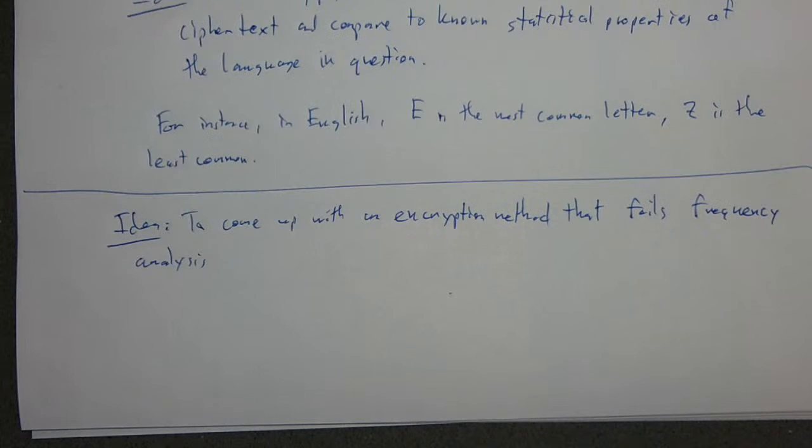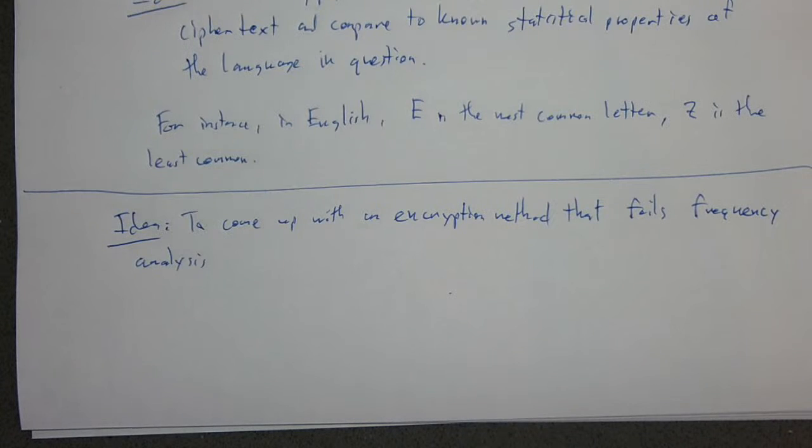So what if you came up with a method of encryption that in some way was more equitable in its distribution of the frequencies? So the frequencies were spread out and uniformized so that you didn't have these spikes or these holes. And how would you go about doing this?